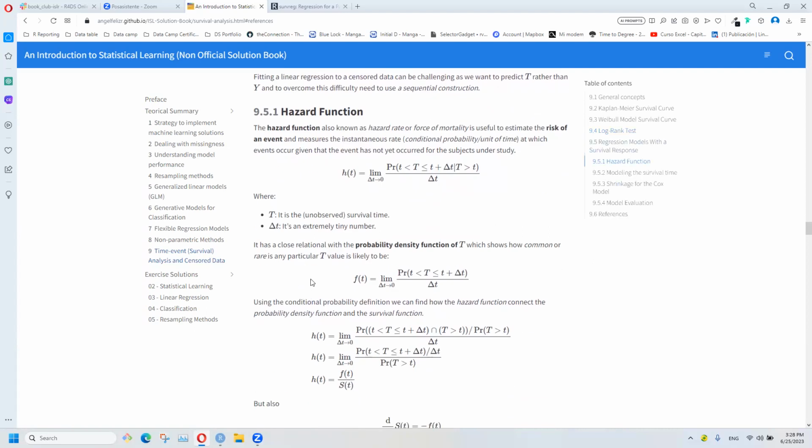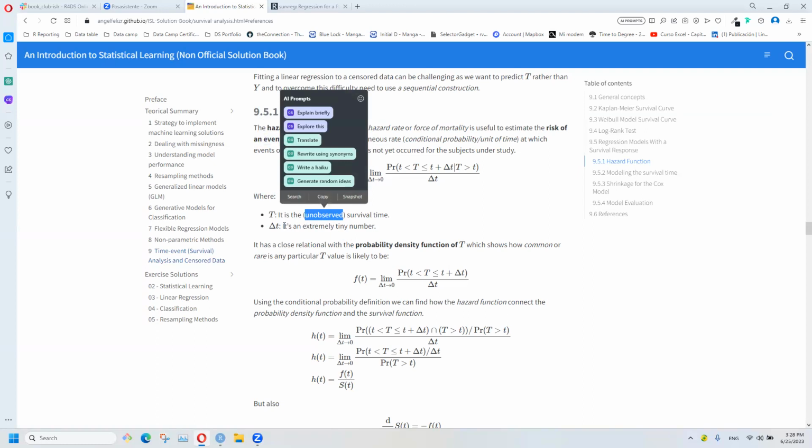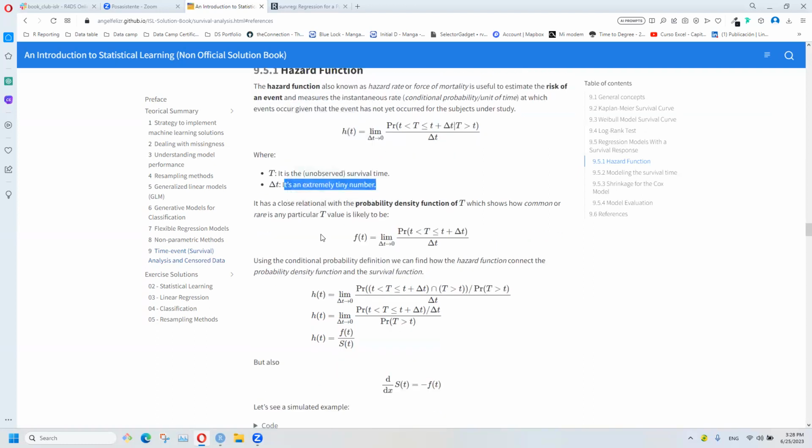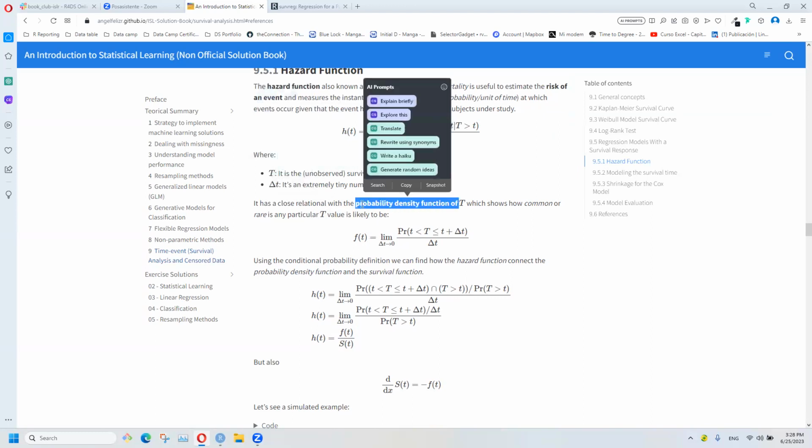That's the point. So the t is the observed survival time. So observed in the case that you haven't seen it yet, and t is an extremely tiny number, and that measure has a close relationship with the probability density function of t.